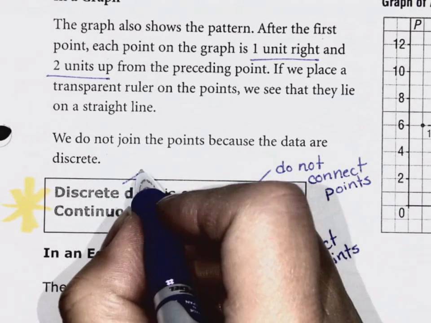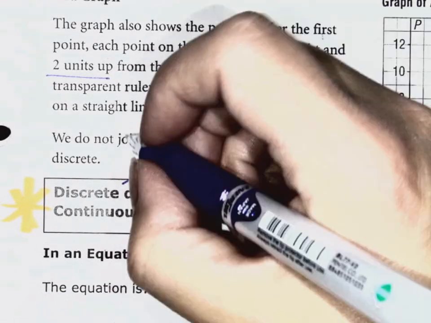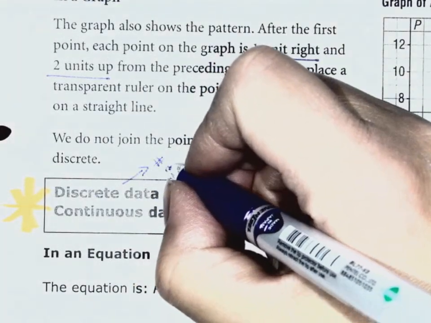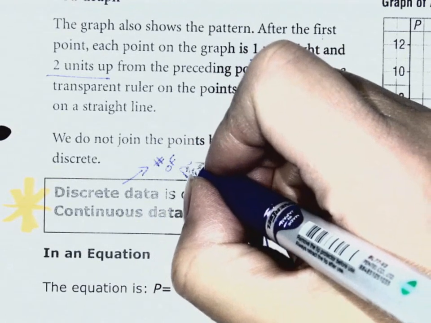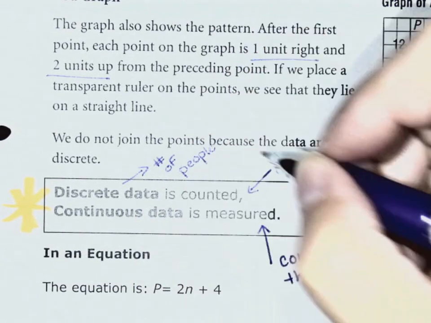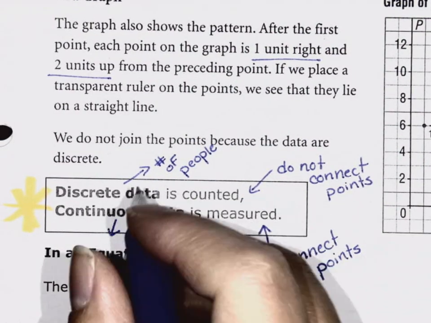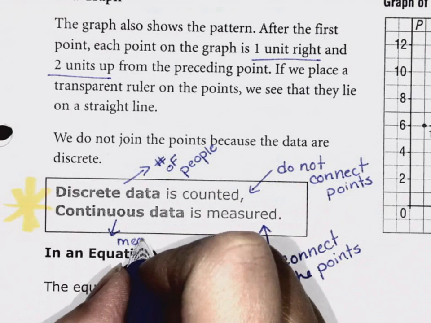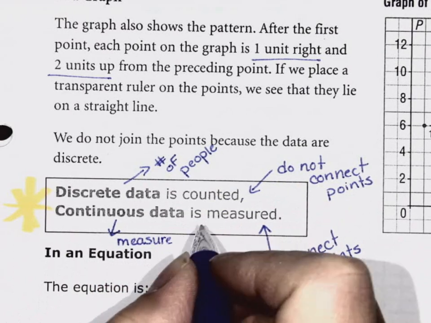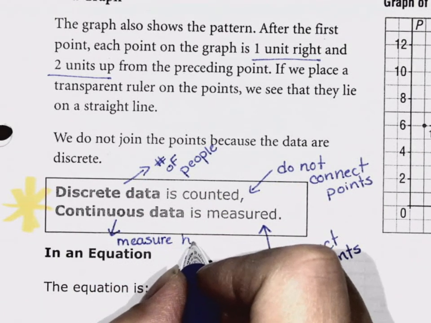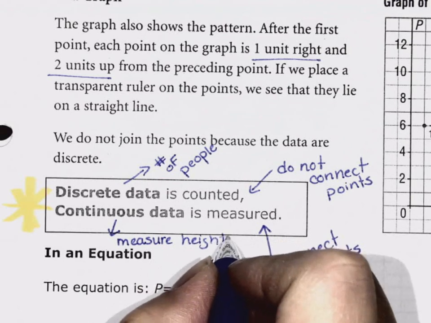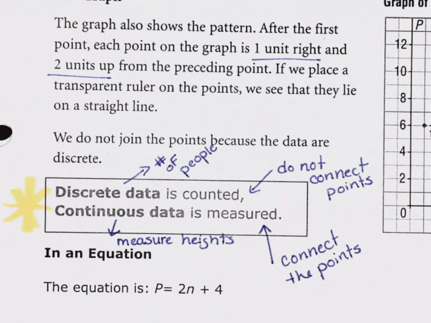So I'm going to say discrete data, an example of that is number of people. Number of cars, you don't want half a car. Continuous data is like something if we are measuring the height. Measure heights of people. We can have parts.